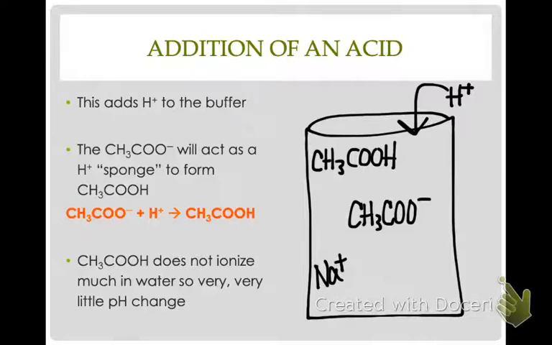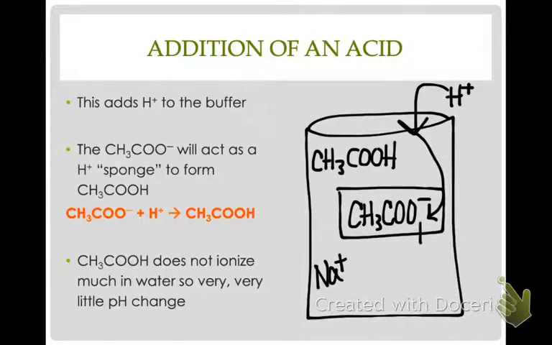So I'm adding this acid, or hydrogen ions, to the solution, and the only thing in this solution that is going to accept those hydrogen ions would be the ethanoate ion. So the H is going to attach on, because the ethanoate ion is going to act like a Bronsted-Lowry base, and it's going to be a hydrogen ion acceptor.